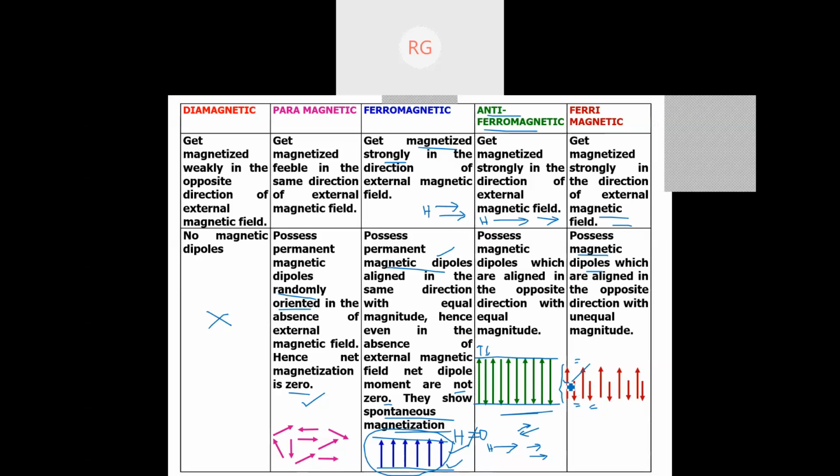Therefore, net magnetization is not zero. So the net magnetization in the antiferromagnetic case is zero, but in this case net magnetization is not zero. So a ferrimagnetic material is one which possesses magnetic moments in opposite directions with unequal magnitudes. These unequal magnitudes make the net magnetization non-zero.